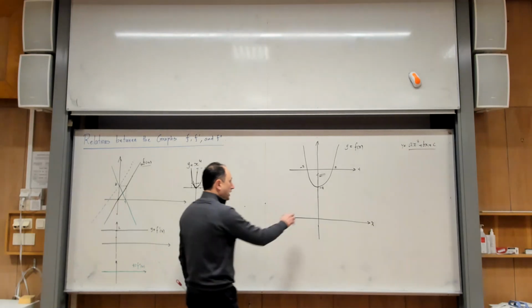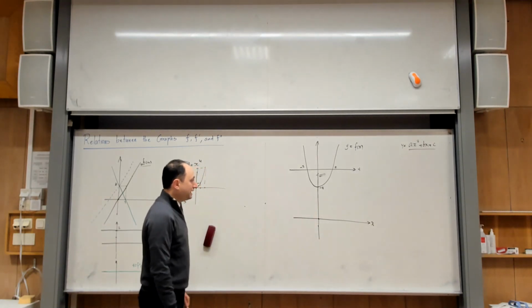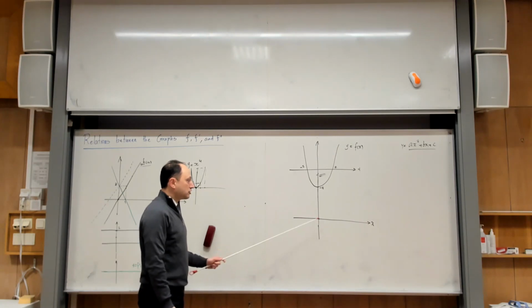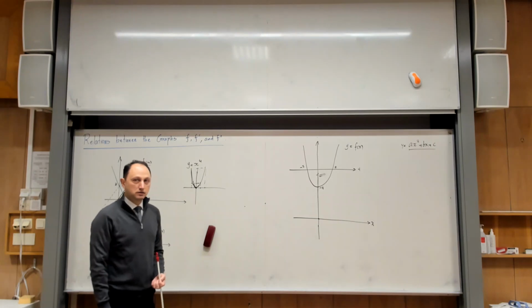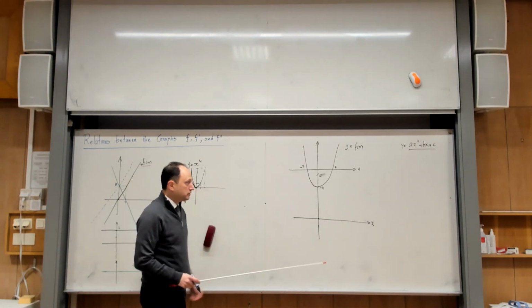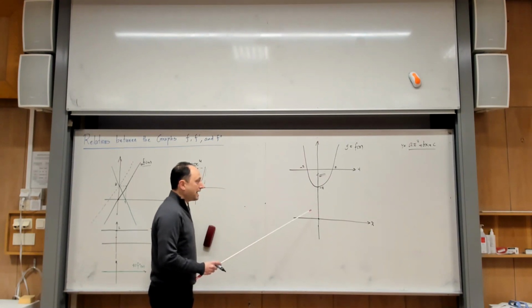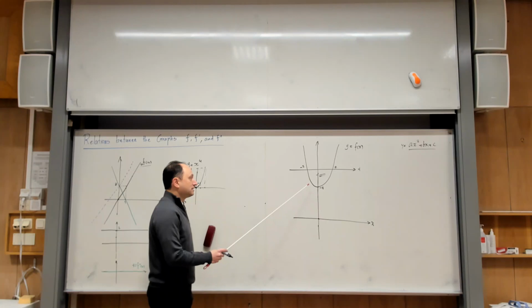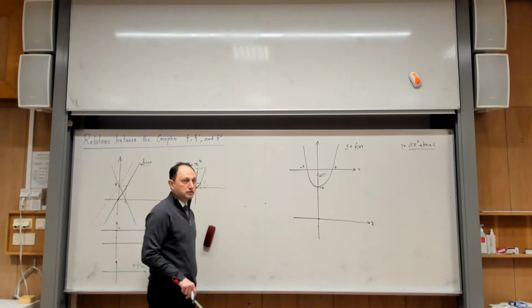If I look at 0 here, I am claiming that that line should pass through the origin. You tell me why. If I give you the graph of this function and ask you to show that the graph of the derivative passes through the origin, you should have a good reason for that.